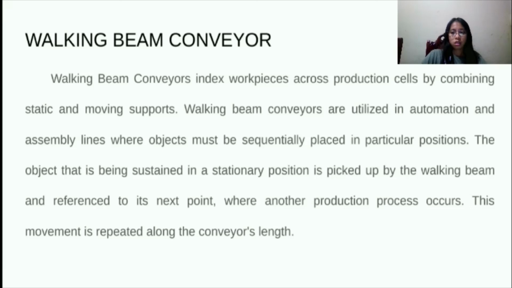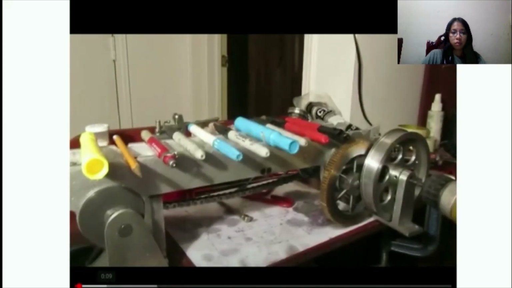These conveyors are known for moving things up, forward, down, and back by engaging them from below. In some cases, the beam is used for contacting the products from the side. For better demonstration, here is a video of how the walking beam conveyor works.